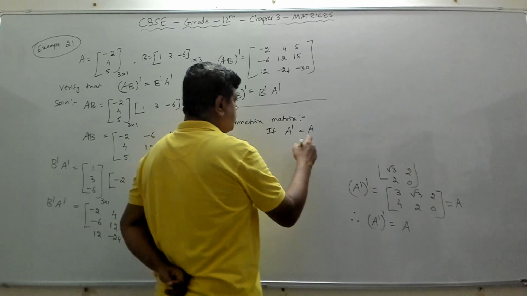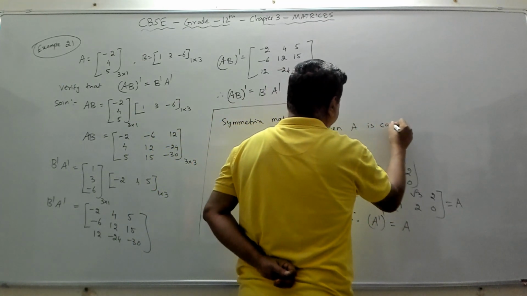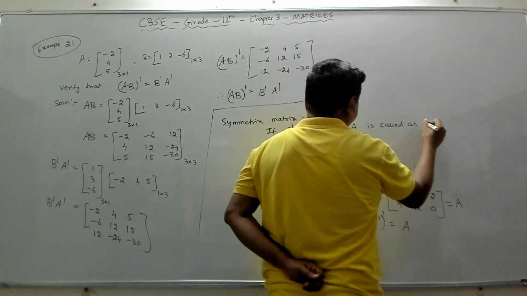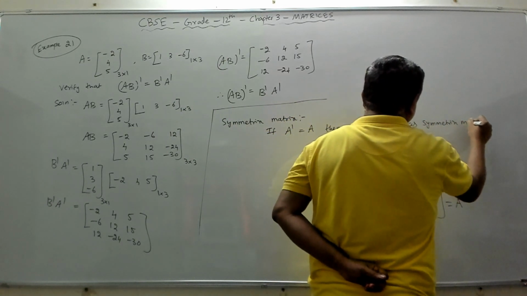If A transpose equal to A, then A is called a symmetric matrix.